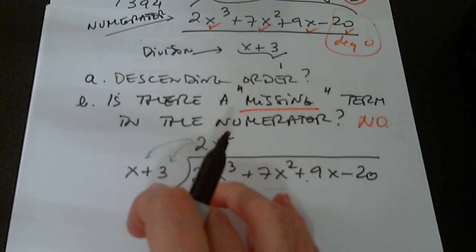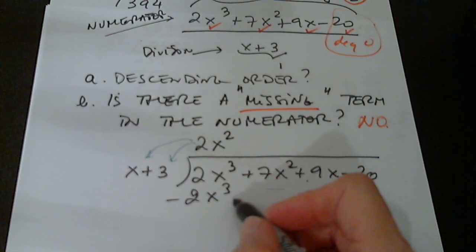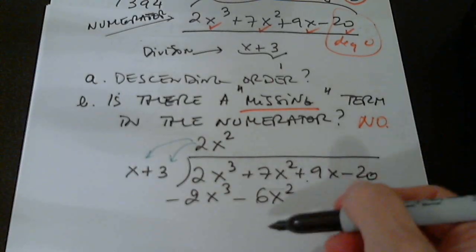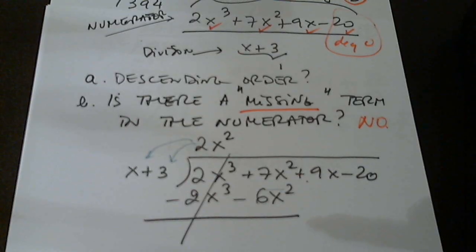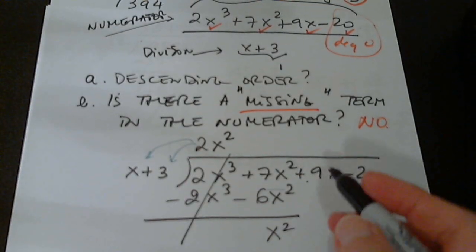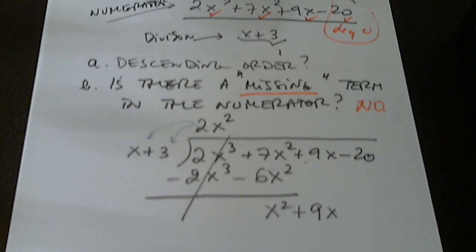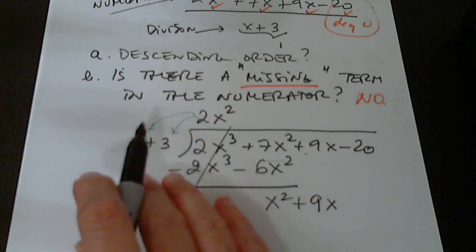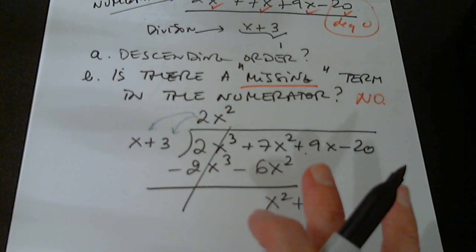2x squared times 3 is 6x squared. I have to change to the opposite sign and write below like terms. Gone. 7x squared minus 6x squared is x squared. I have to bring down the next in line. Next question. x times what is x squared? I do not lie now.